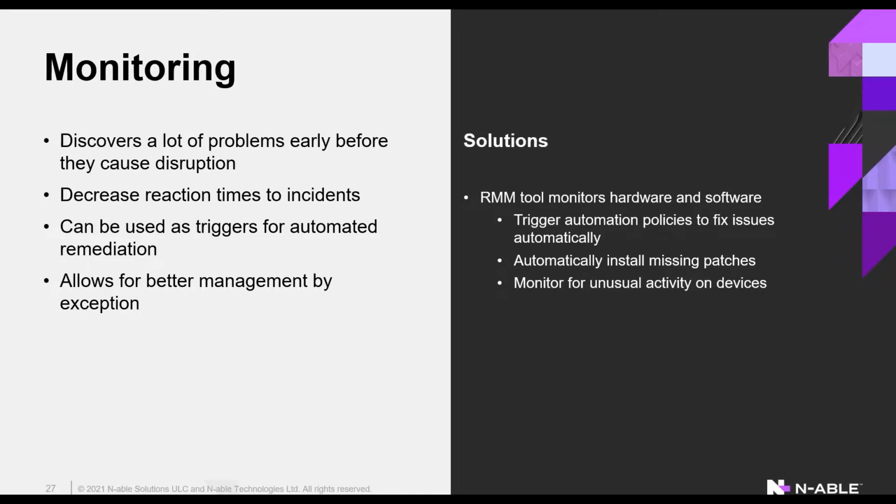If a disk space check fails, we should not be remoting into a device almost ever. That disk space check failing kicks off an emptying of the recycle bin and cleanup of all temp files. Then let's see what happens there. Right? And again, management by exception. Where do we focus our efforts? Right?